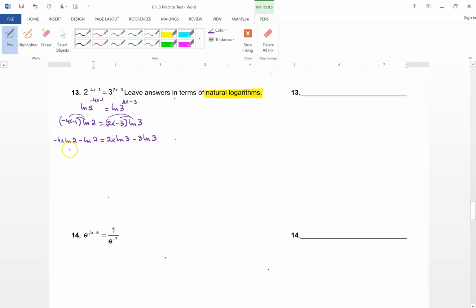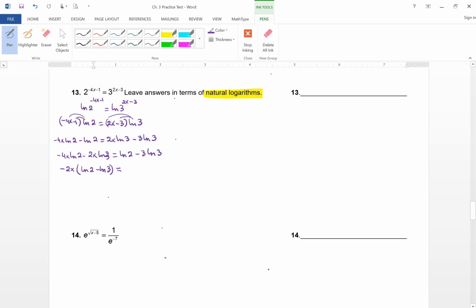Now collecting the x's, we get negative 4x ln of 2 minus 2x ln of 3 equals ln of 2 minus 3 ln of 3. Okay? I'm going to factor out a what here? A negative 2x, which gives me what? 2 ln of 2 minus ln of 3.